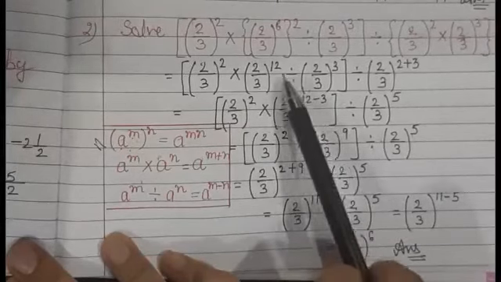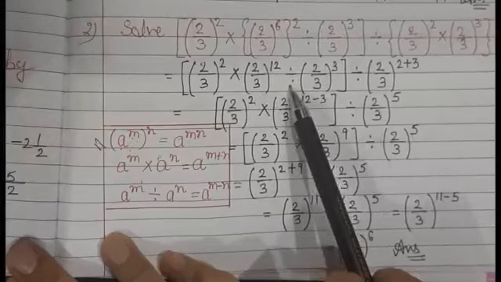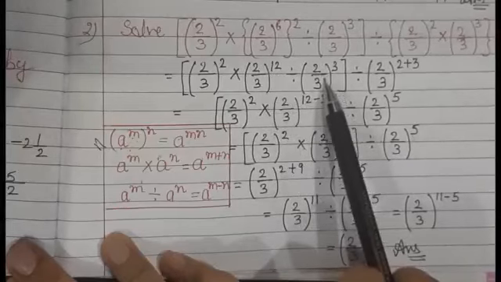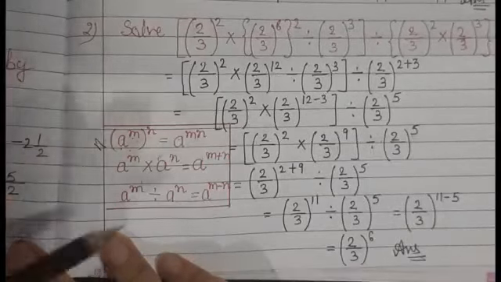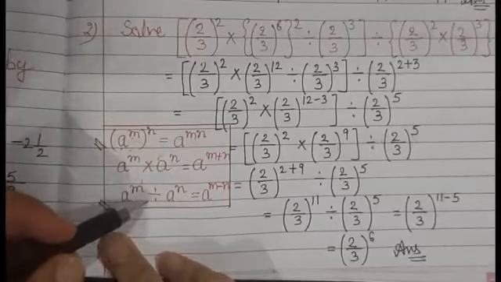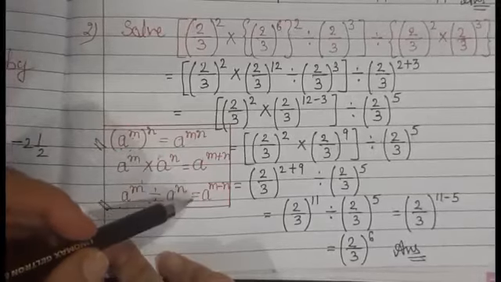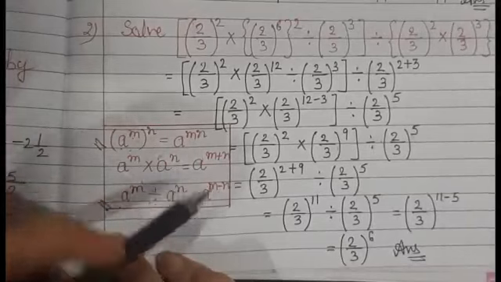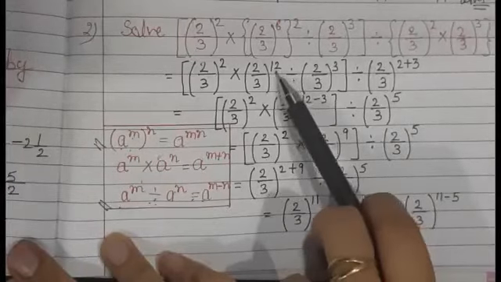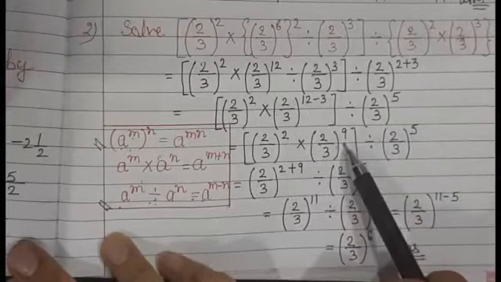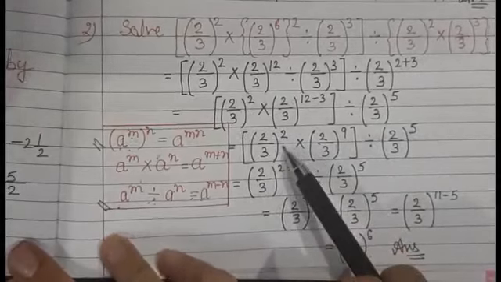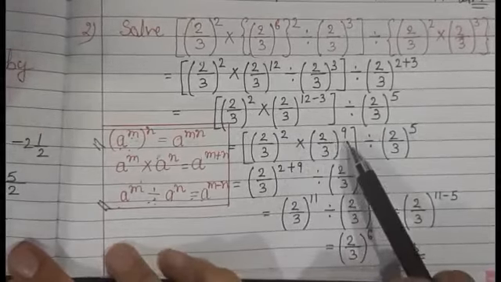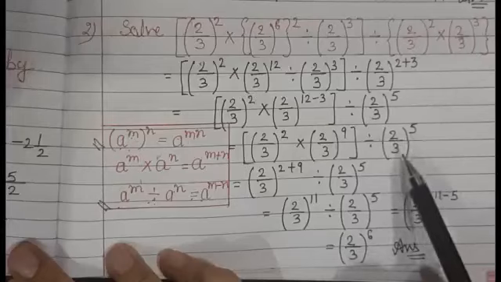when bases are same, powers are different and we have to divide, then powers will be subtracted, right? According to that law, a to the power m divided by a to the power n is a to the power m minus n. So when we subtract, 12 minus 3 becomes 9. So (2 by 3) whole square into (2 by 3) to the power 9 divided by (2 by 3) to the power 5. This will come.